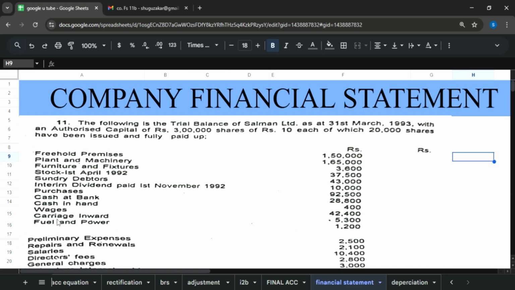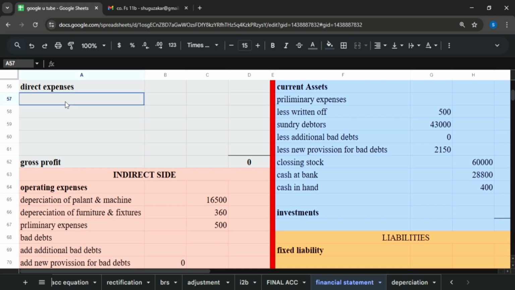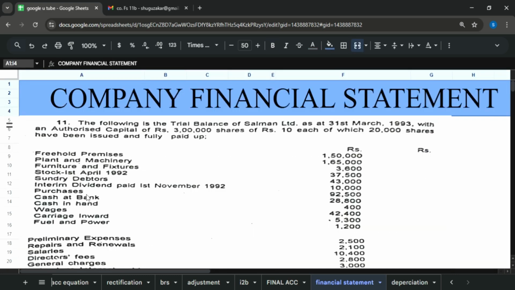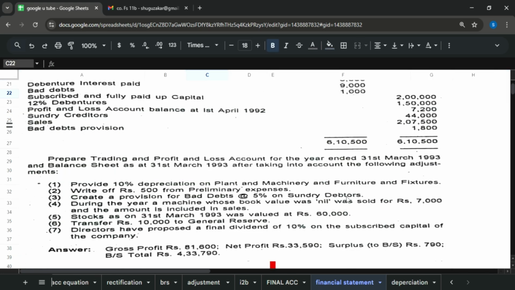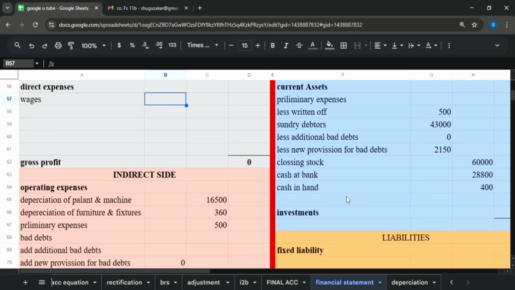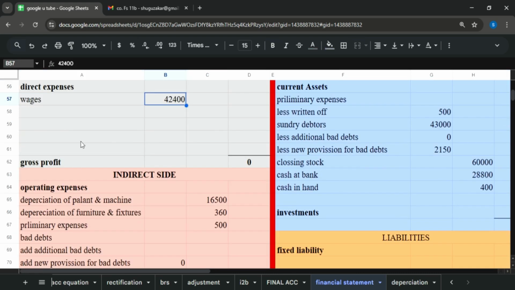After cash in hand we have wages. This is part of your direct expense side. Over here we will mention wages. Let's see how much the amount of wages is, and that is 42,400. So write down 42,400 over here. After wages we have carriage inward. This is also a direct expense, and carriage inward.